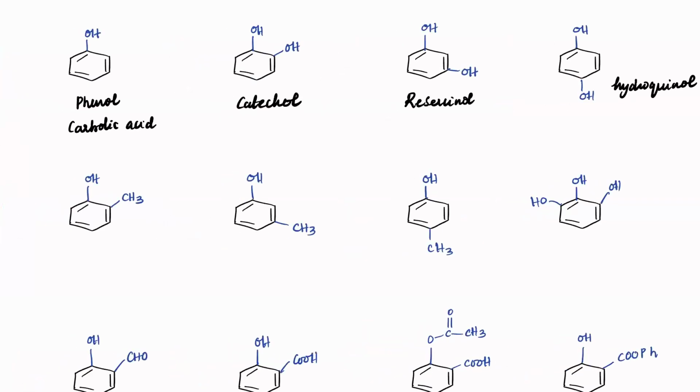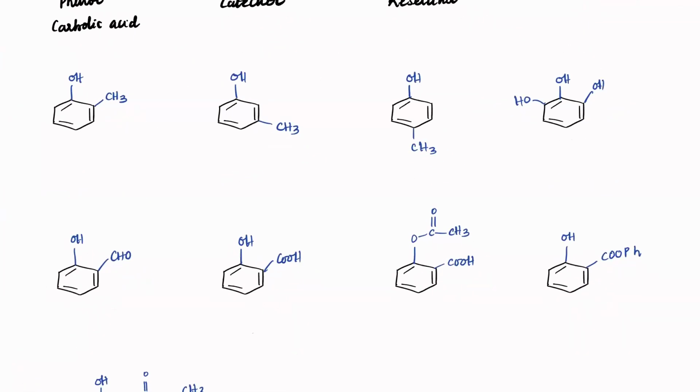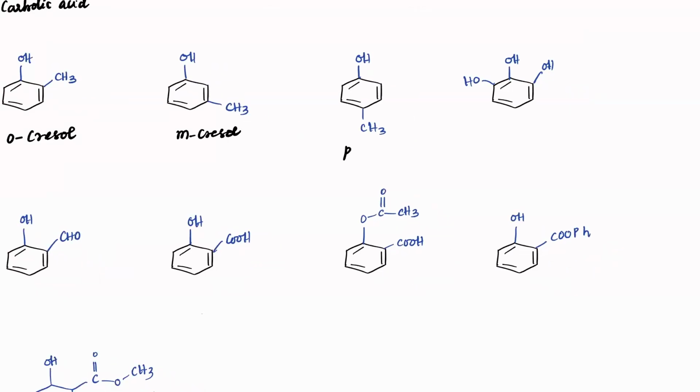A typical word quinol will also work. Now next, if you have ortho position with CH3, it is called orthocresol. This is metacresol. And if it is at para position, it is called paracresol.